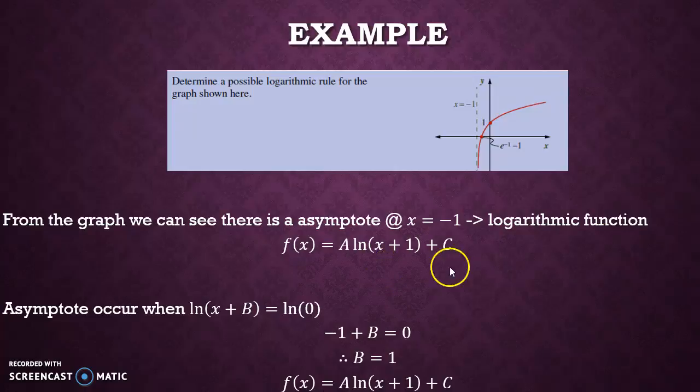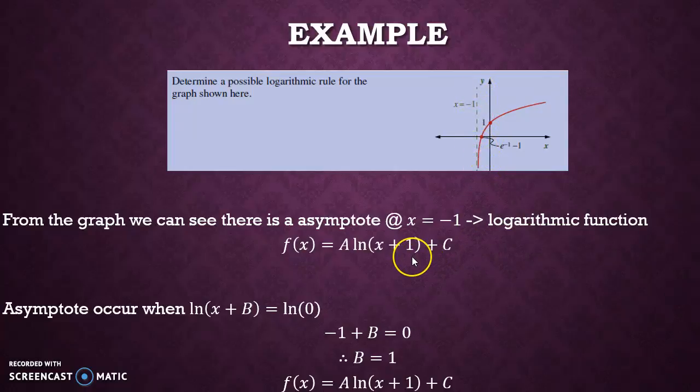If you remember, our general rule was a log(x plus b) plus c. Since at x equals -1 that becomes undefined, if x plus b equals 0 and x equals -1, then b must equal 1 in order to have log 0 be undefined, which is where our asymptote is.